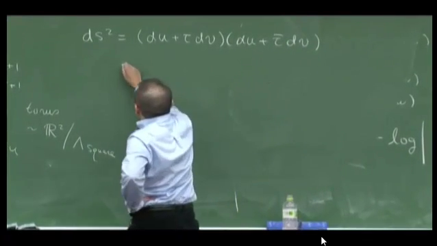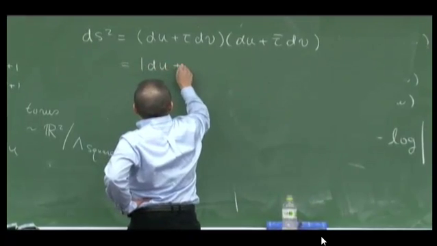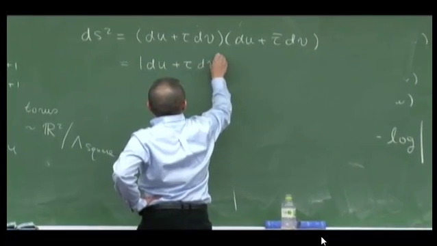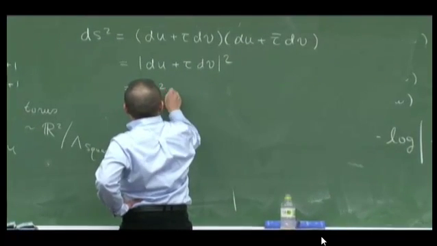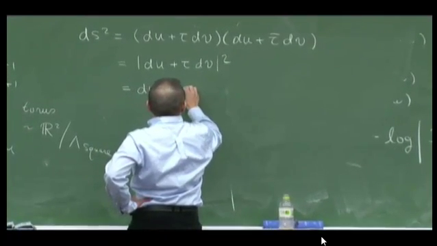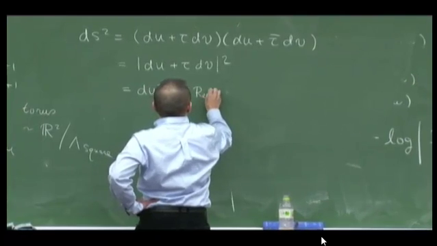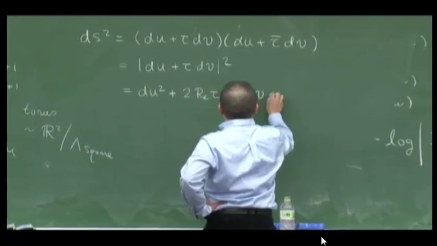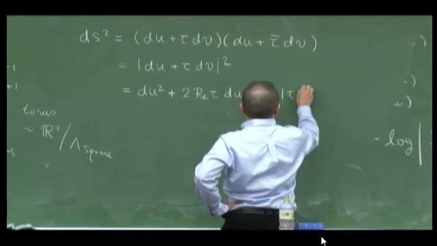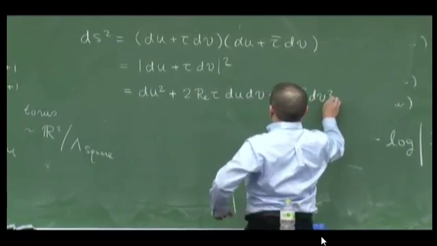Or we can write it as |du + tau dv| squared. Or we can write it as du squared plus twice the real part of tau du dv plus |tau| squared dv squared.